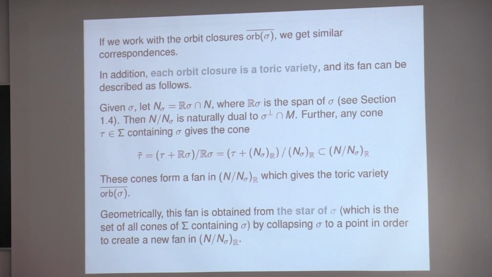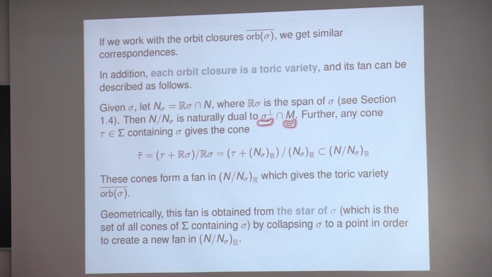And then you see by taking dual that you can identify the dual of this guy just from that sequence. You see that it's identified with sigma perp intersection M. The elements of M are functionals on elements of N. So it makes sense to ask which of these give you 0 when you do dot product with this guy, or evaluation if you like.